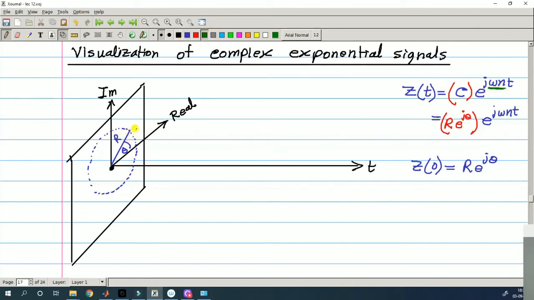And time is also increasing, so the tip of this vector will actually move in a spiral manner like this.